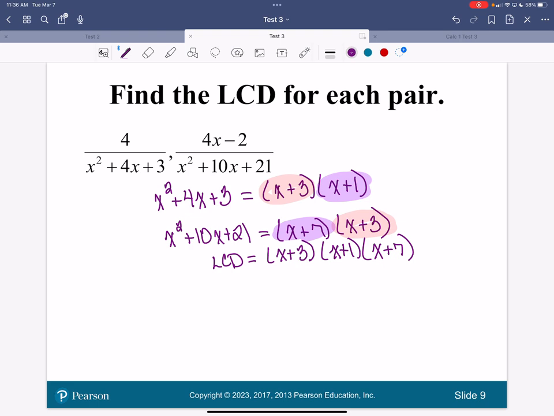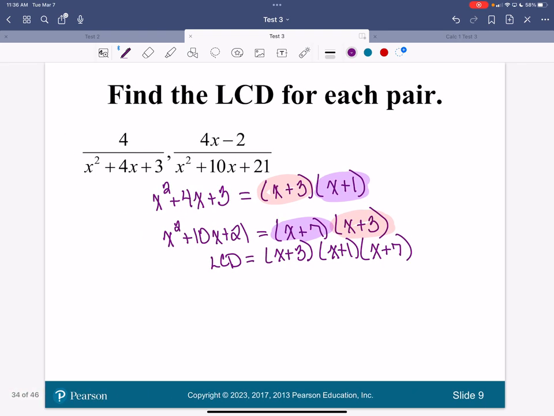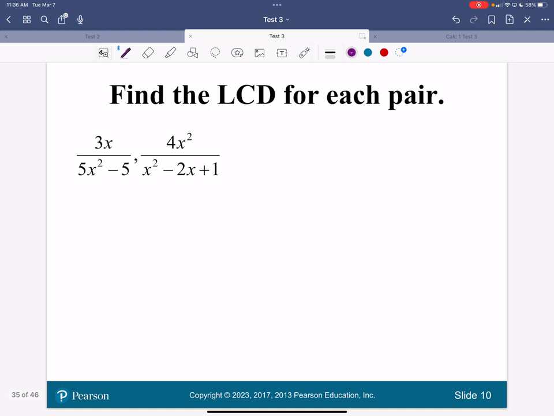That's my LCD. One more LCD. Two more LCDs. Then we're going to start adding unlike denominators, okay? You're going to focus on factoring the denominator. So I'm going to give you 1 minute to factor that denominator.